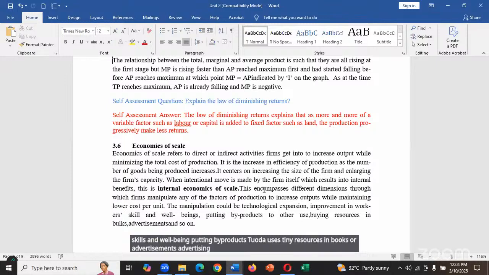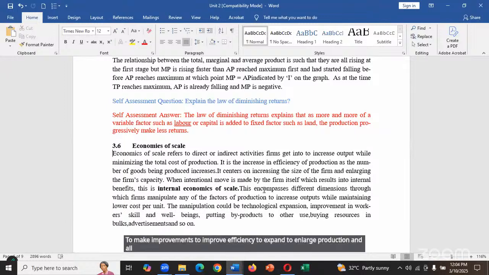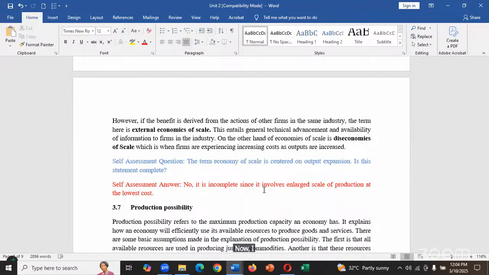A lot of activities can be done by a firm. So by economies of scale, you are trying to see what you do to make improvements, to improve efficiency, to expand, to enlarge production. Those are the things you see under economies of scale. However, if the benefit is derived from the actions of other firms, that is external economies of scale. Now, I will round up with, on the other hand, economies of scale is diseconomies of scale.